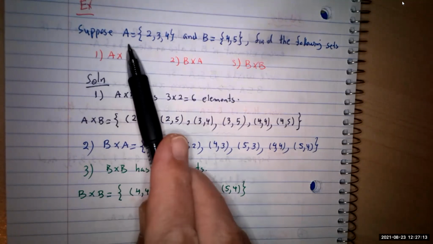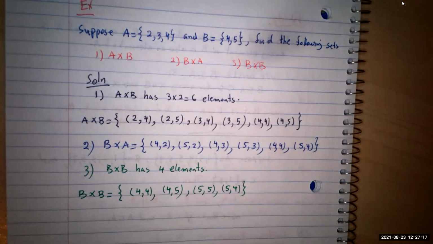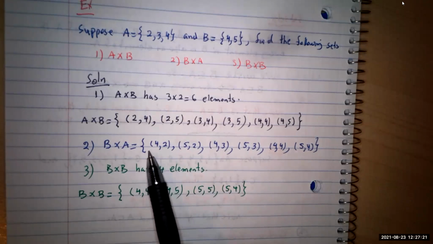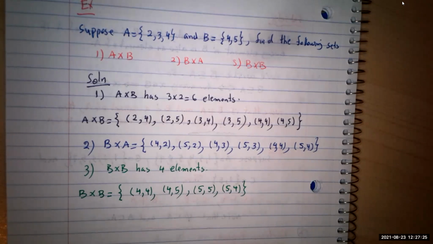Suppose the set A is your names, and the set B is going to be your birthday. So I can match you with your birthday. But there's a very small problem here. One person cannot have 2 birthdays, right? If I'm 2, I cannot have 4 and 5.